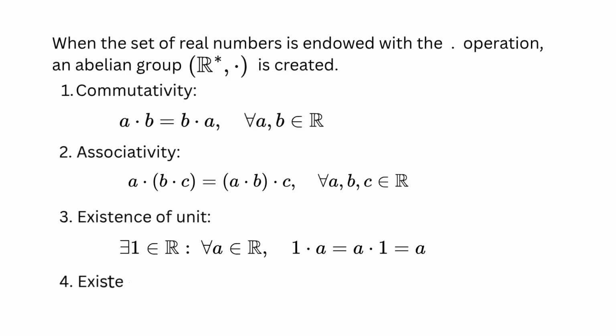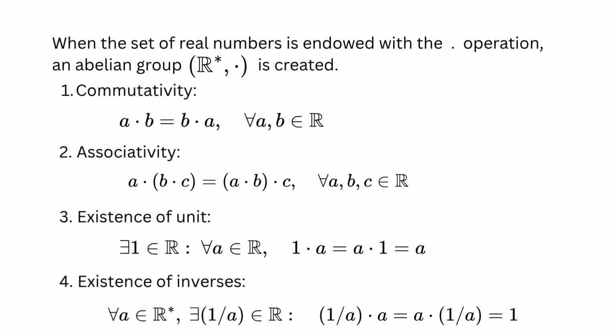Existence of inverses. That is, for each non-zero real number a, there exists another real number, known as the inverse of a, such that their product is the unit element. It is important to note that it is the set R* (the non-zero reals) which becomes an abelian group with multiplication, not R, since the zero element has no inverse.